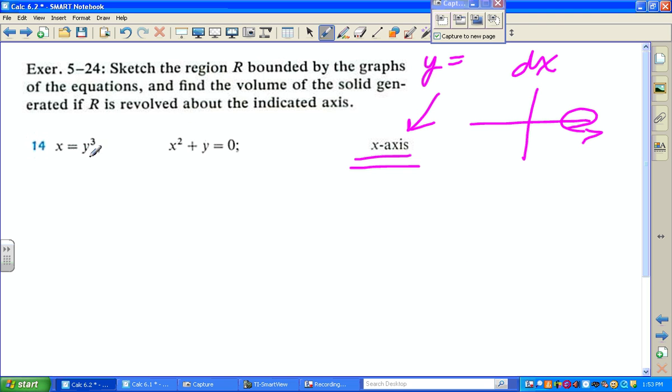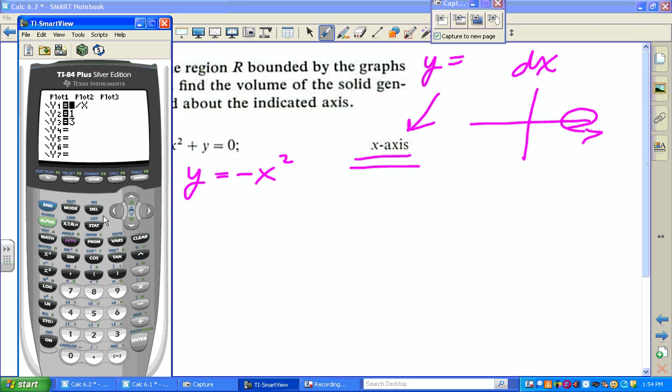So, on this one, y equals the cube root of x. On this one, y equals negative x squared. And the x-axis, well, that's the rotation. So I think we're about ready. Cube root of x, negative x squared.